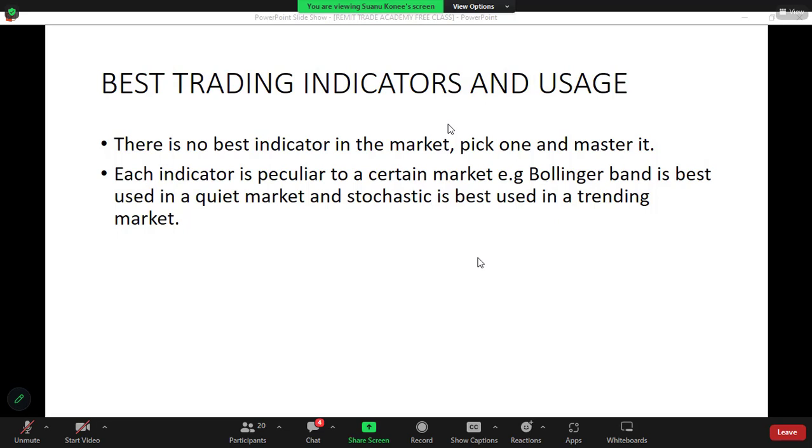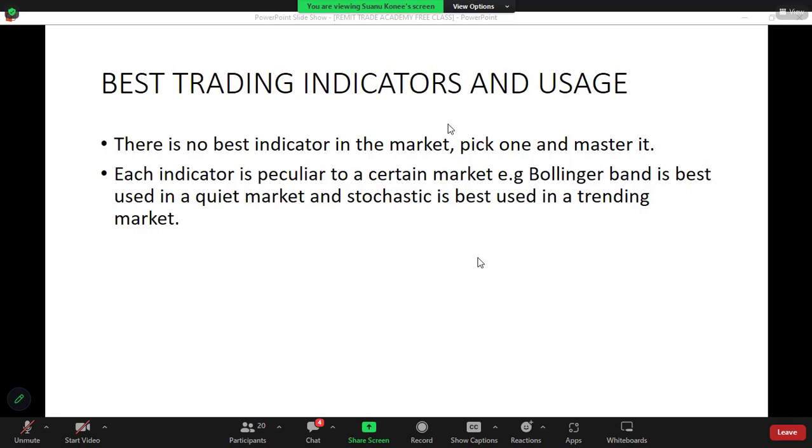When I say a noisy market, I mean a trending market, either an uptrending or a downtrending market. You always trade Bollinger Band in a quiet market, right? And you don't take stochastic to a consolidating market. You trade stochastic or RSI in a trending market. So all these indicators are peculiar to a particular kind of market.